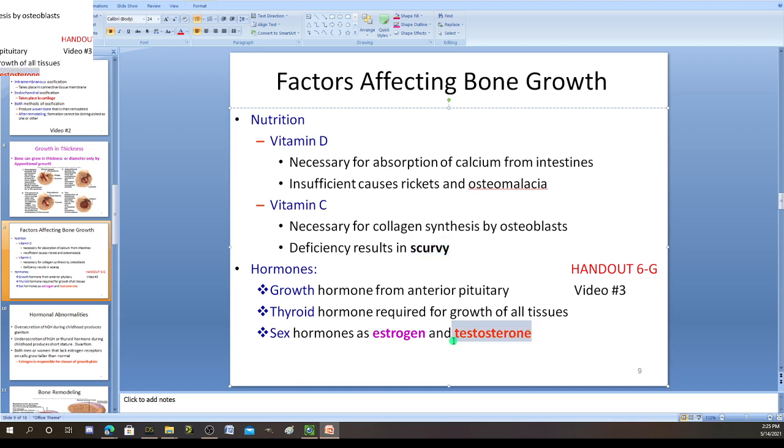Testosterone is going to cause bones to grow, and estrogen is going to cause bones to stop growing. However, it's also important to understand that estrogen is responsible for maintaining bone health. So your bone cells need estrogen to make the proper minerals and collagen. And so bone health is related to estrogen.